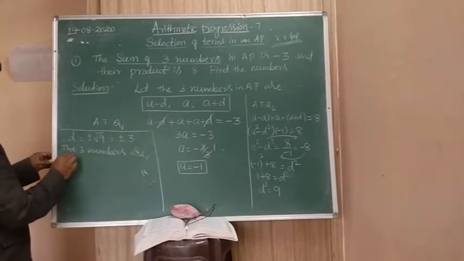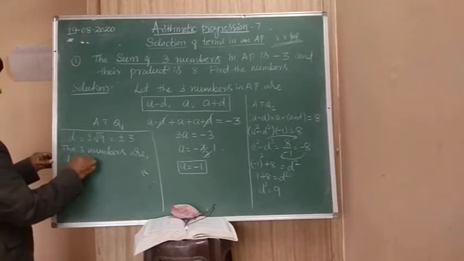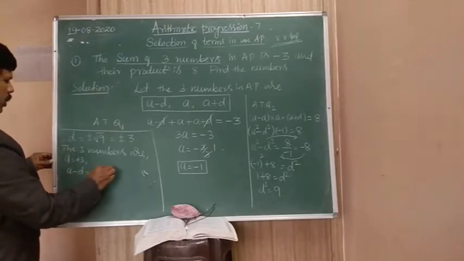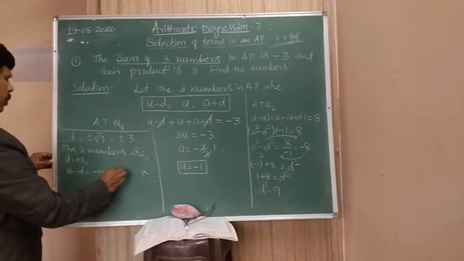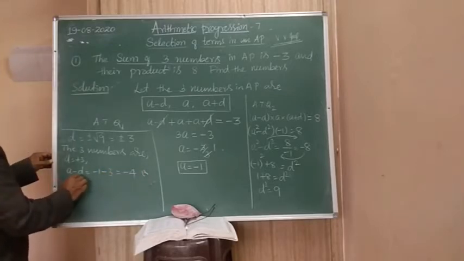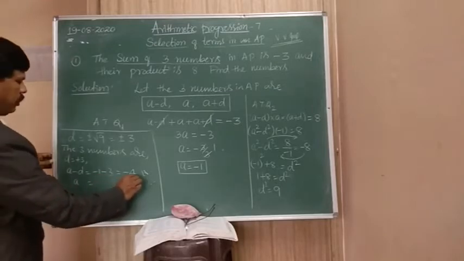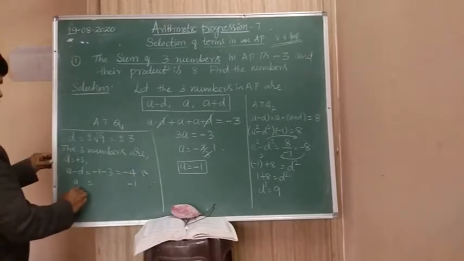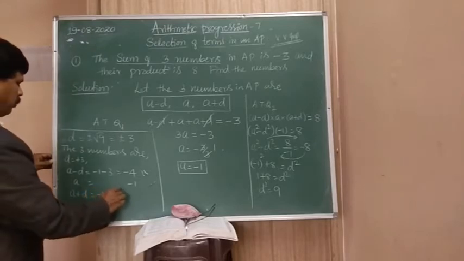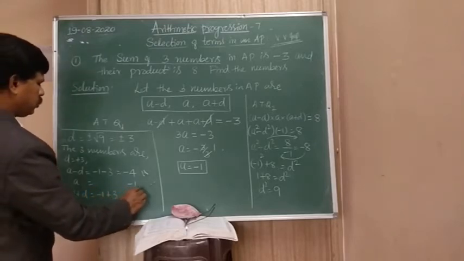what? First, when D is equal to +3, A minus D, that is -1 minus 3, that is -4. Then A is -1. Then A plus D is equal to -1 plus 3, which is 2.